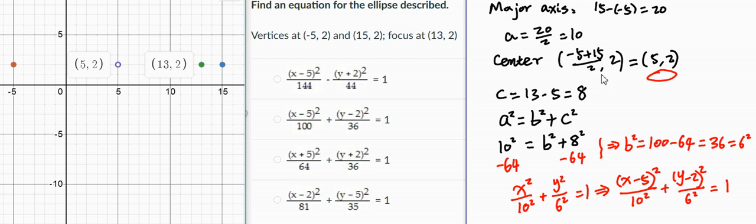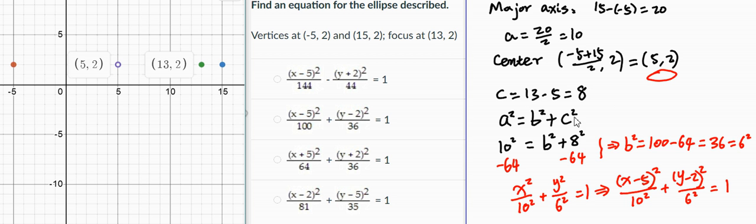All right. Now we know the center, we know the a value, and here we know the focus, (13, 2). The distance between the focus and the center is 13 minus 5, which is 8. So that would be the c value.